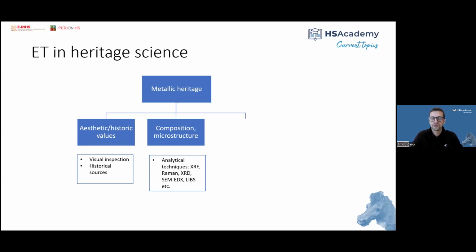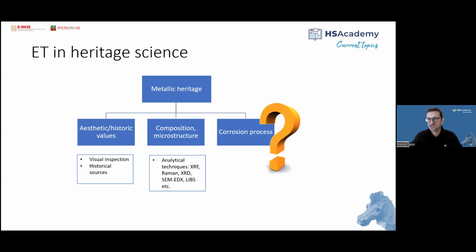I'm sure most of you are familiar with them: X-ray fluorescence, Raman, SEM-EDS, microscopy, LIBS, etc. Some of them have already been presented in this lecture series. But if we want to really understand the corrosion process that is taking place, the answer is the electrochemical techniques.